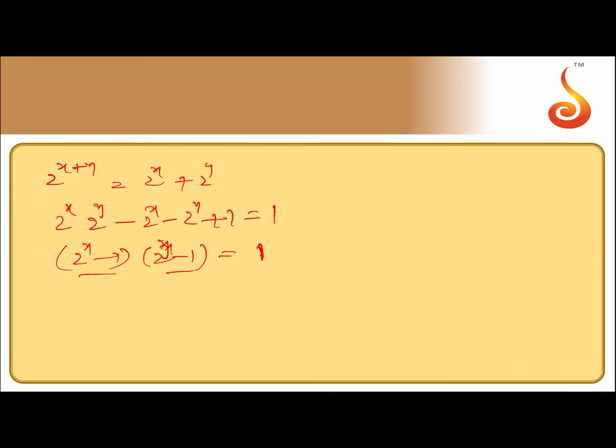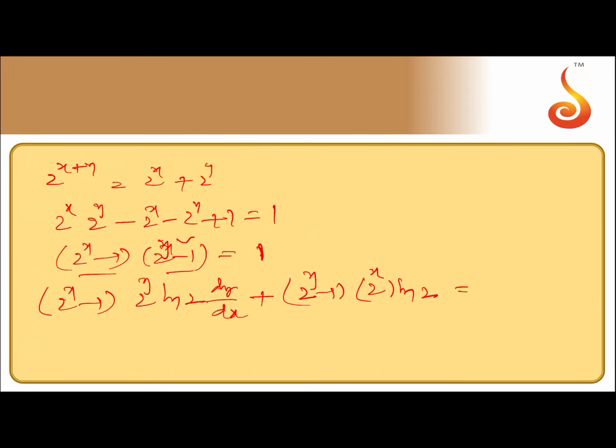And find the derivative on both sides by applying the uv rule. 2 power x minus 1 multiplied by derivative of this function, 2 power y log 2 into dy by dx, plus 2 power y minus 1, keep it as it is, and 2 power x derivative, 2 power x into log 2, and that equals 0.